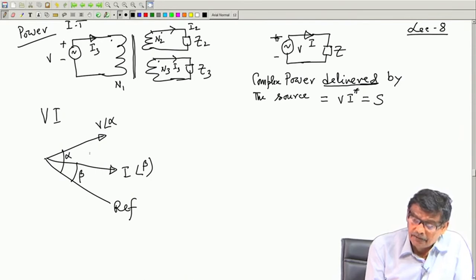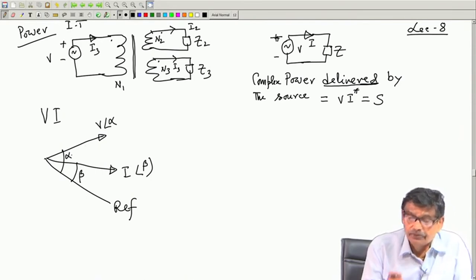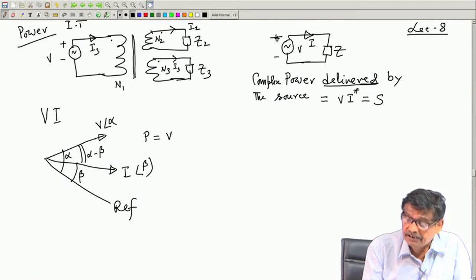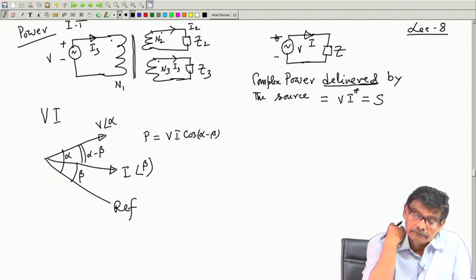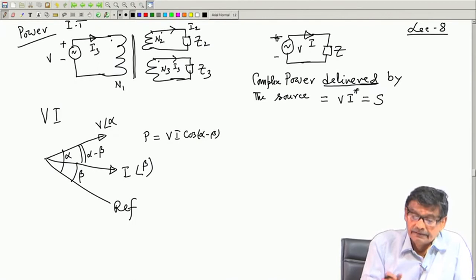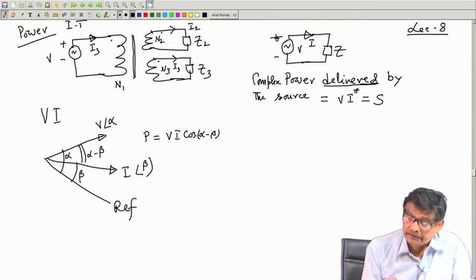Therefore, real power, as you know, should be V I cosine alpha minus beta, is it not? This angle is alpha minus beta. So, real power is V I cosine alpha minus beta. That is the reason you should do like this, and reactive power will be V I sin alpha minus beta.